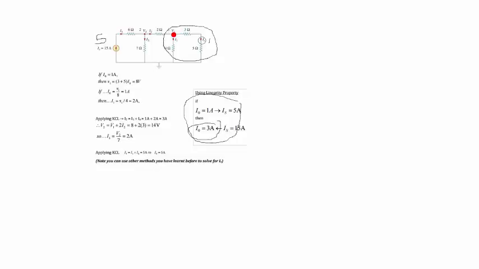For most parts we have tried to use nodal analysis, and this circuit is really good for nodal analysis. Please make sure that when the question asks you to use the linearity property, you use linearity. If you use some other method, you might end up getting no marks.